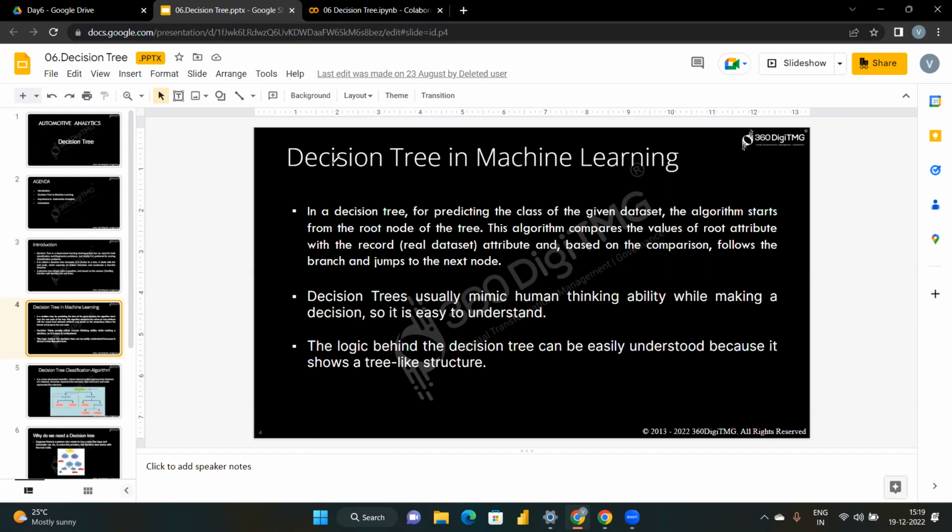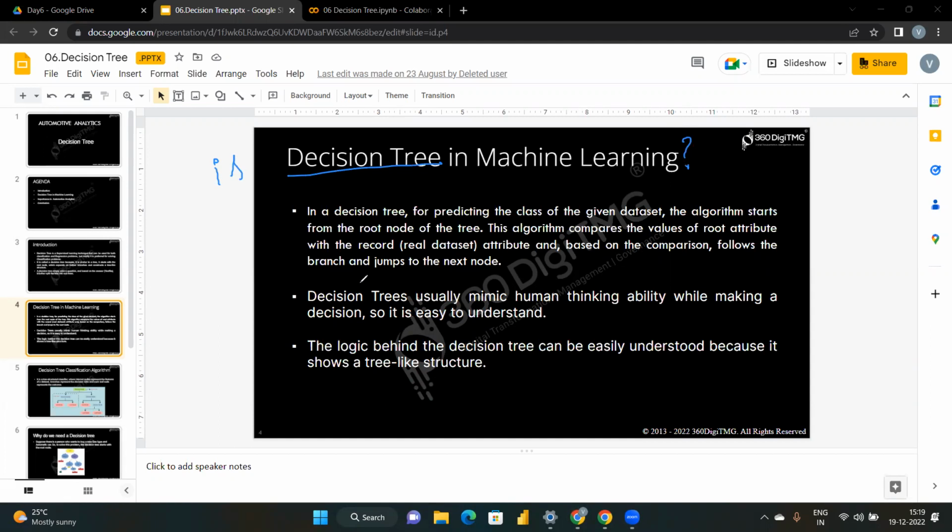So guys, is decision tree a machine learning algorithm? The question arises, right? Decision trees are among the most popular machine learning algorithms, okay?